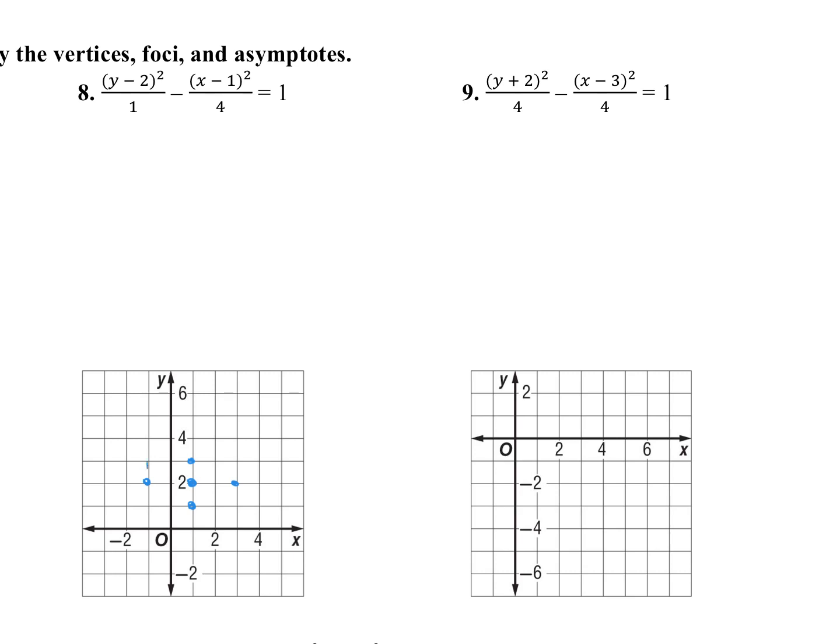We make our box. The diagonals of the box will be our asymptotes. We can see that the slope, if I go from corner to corner, would be 1 over 2. And then the other one is negative 1 over 2.